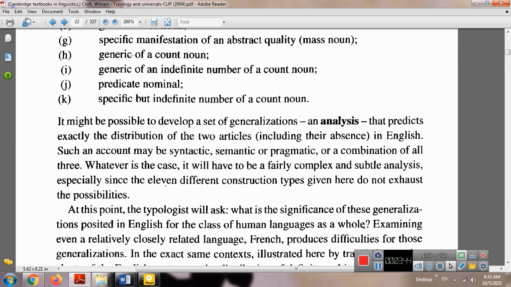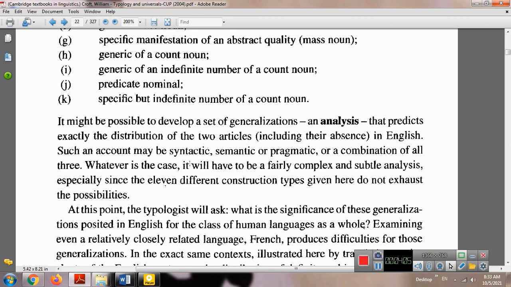Okay, here we will read and we want to describe this article. It might be possible to develop a set of generalizations and analyses that predicts exactly the distribution of the two articles, including their absence in English.